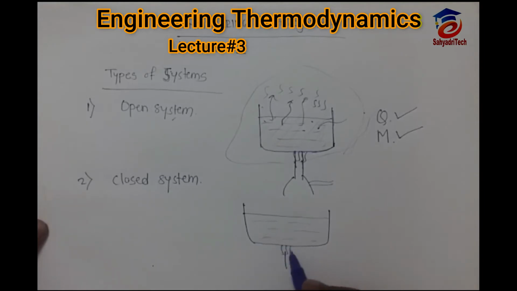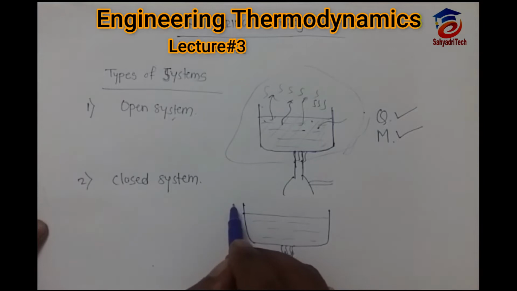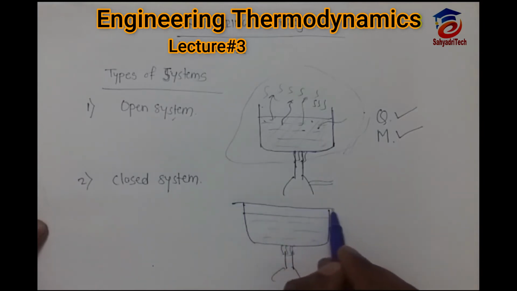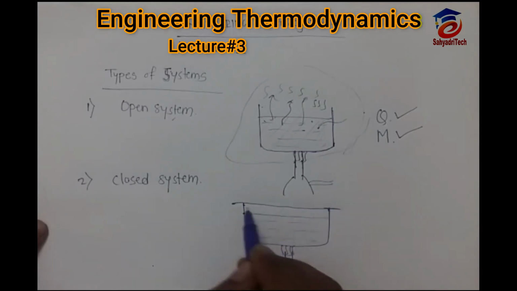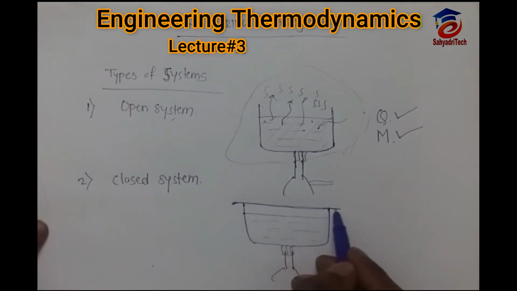As we add heat to this water, heat will transfer and mass will transfer. Now I am going to use a lid and close this flask. Now it is perfectly closed. Mass cannot transfer from this system to the surroundings.